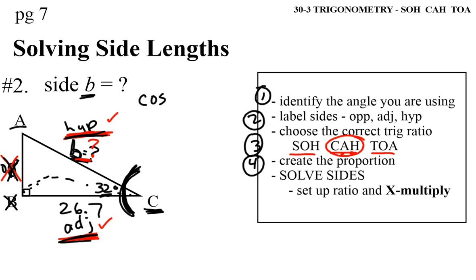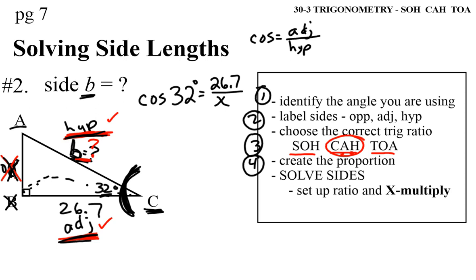But what's important is now we know what the angle is, so we need to make sure we put it in. Cosine of 32 is adjacent. Remember, cosine is adjacent over hypotenuse. So cosine is adjacent 26.7 over hypotenuse, which isn't known.